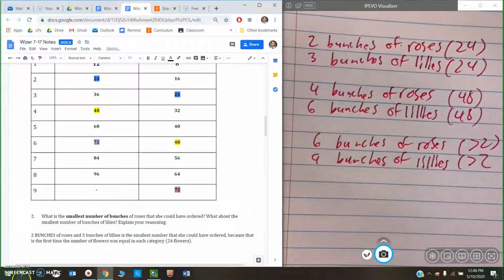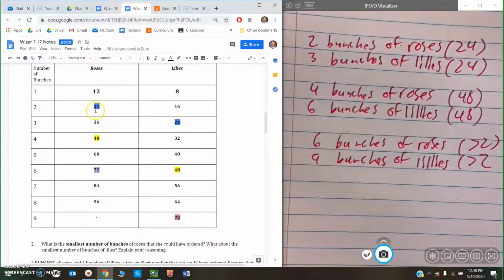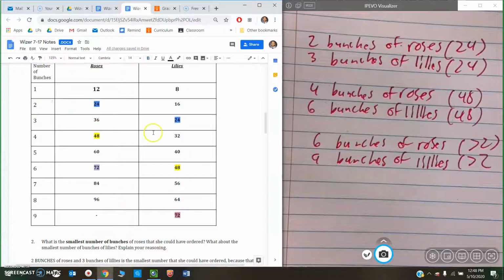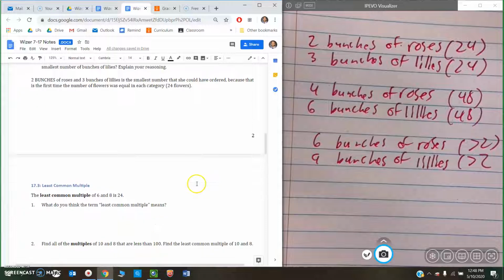Right, because if she wanted the same amount of flowers for each, 24 is the first time that the numbers are equal. So she would have had to have done 2 bunches of roses and 3 bunches of lilies.